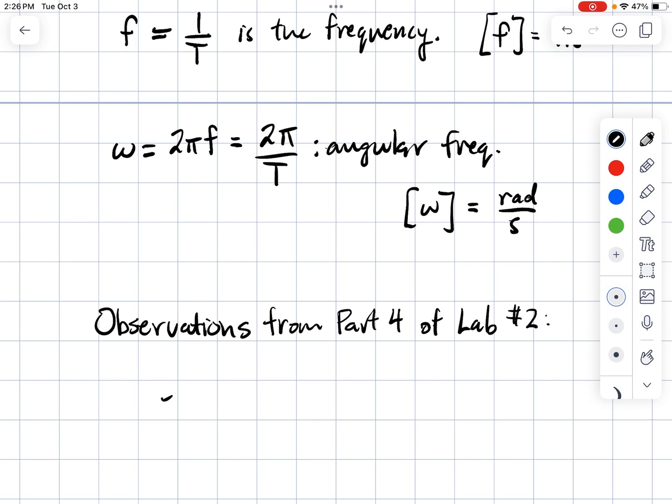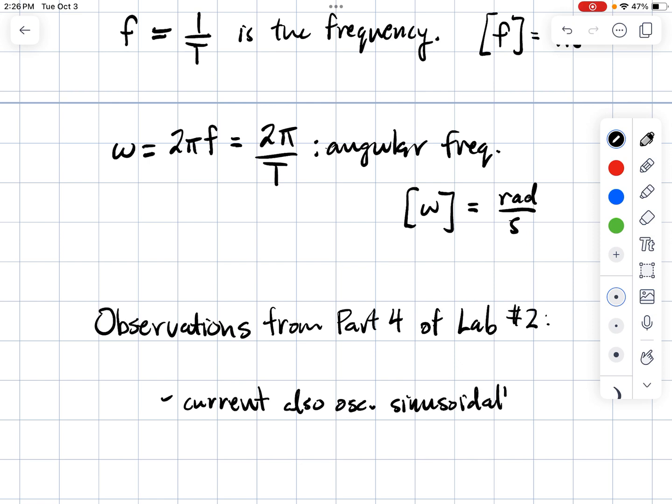One is that the current, or equivalently the voltage across the resistor, which is just I times R, so it's the current times a constant, also oscillated sinusoidally.